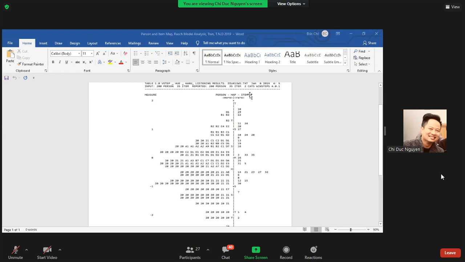Okay, can you please study this person and item map and tell me whether this test is adequate in terms of difficulty level for the students? Here is one example of the V-STEP listening test.